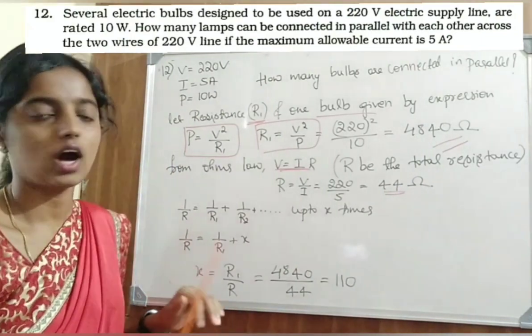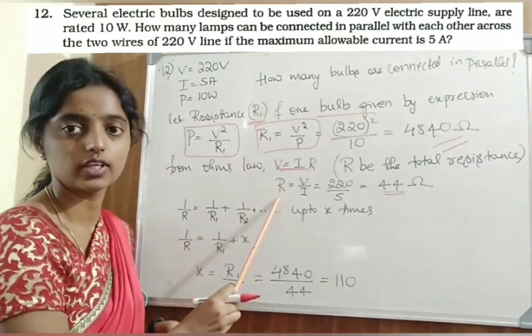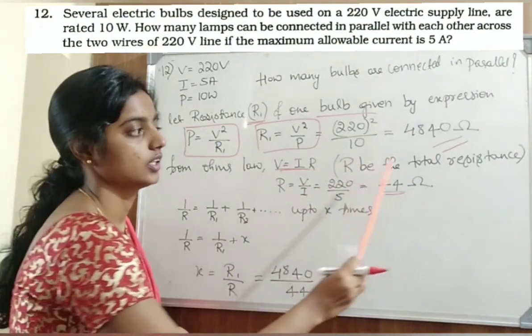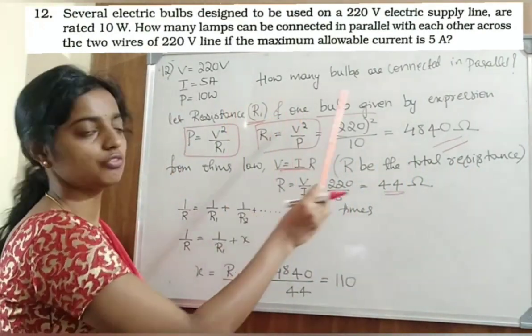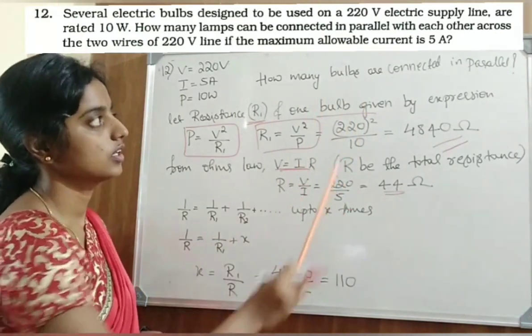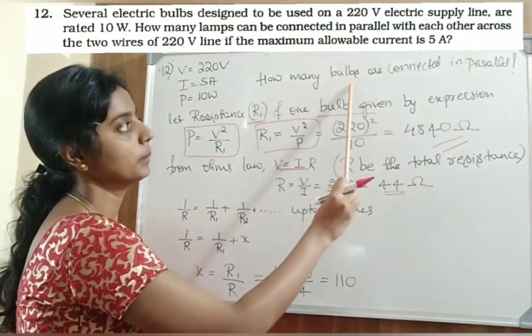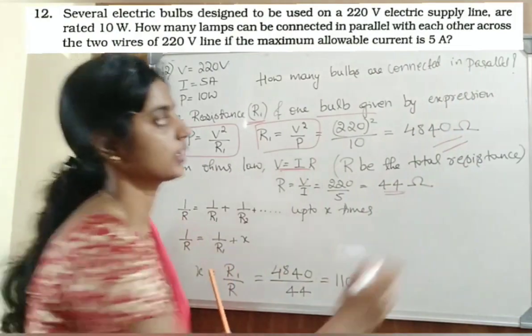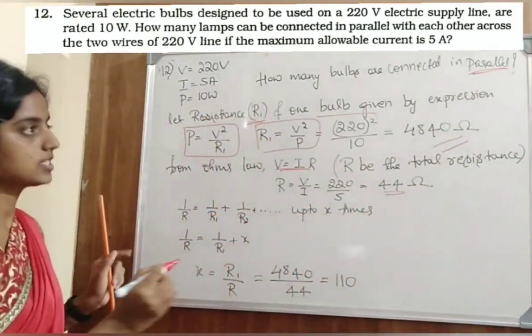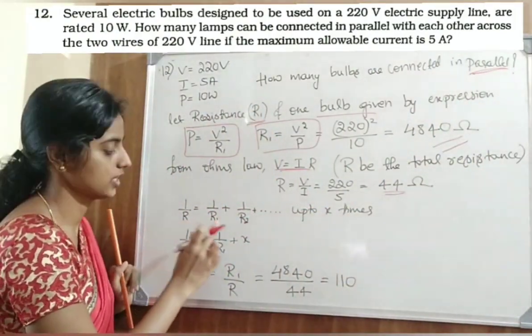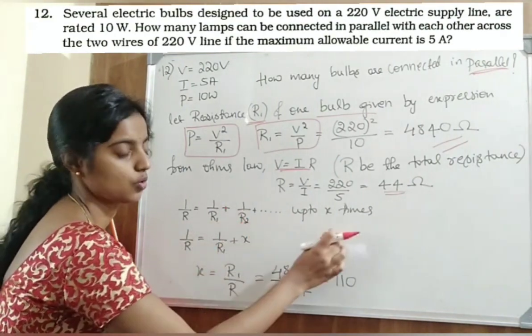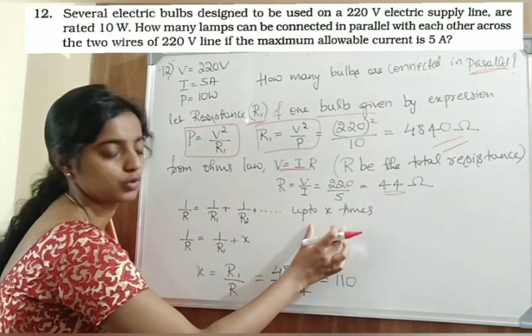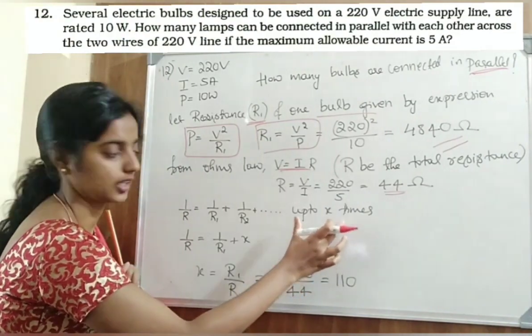See, we have two R's now. One is R1 and another one is R. This R is the total resistance of the circuit and R1 is the resistance of one bulb. Next, we need to calculate how many bulbs are connected in parallel, right? So let us write down 1 by R is equal to 1 by R1 plus 1 by R2 and so on up to X terms, because we don't know how many bulbs are connected.